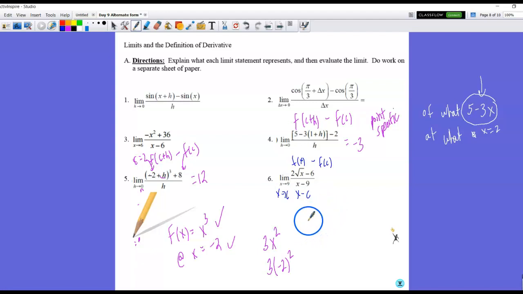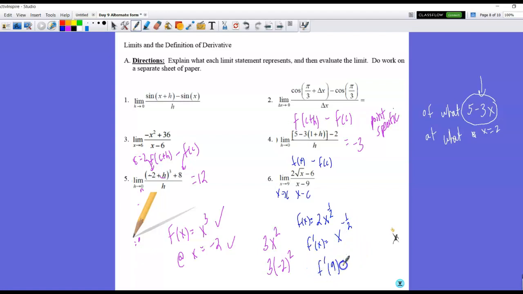They want me to find the derivative of f of x, or the derivative of 2x to the 1/2. I'm going to do a rewrite on that and use the power rule to find the derivative. So half of 2 is 1, decrease the power by 1, 1/2 minus 1 is negative 1/2. And I'm going to evaluate that at the c value, which is 9.